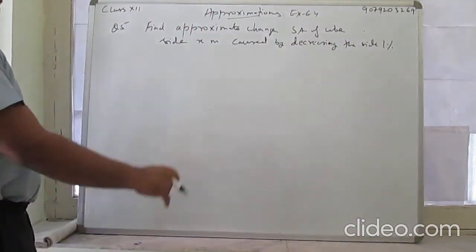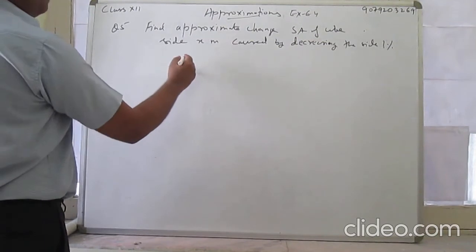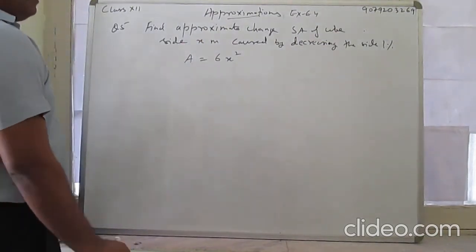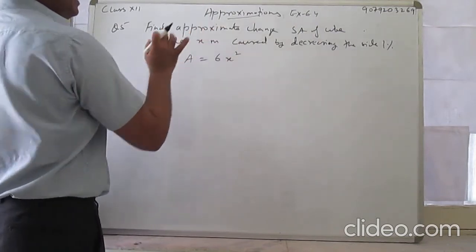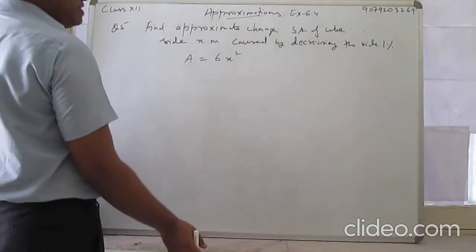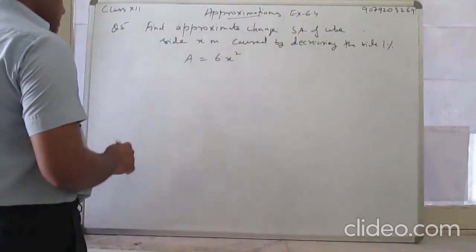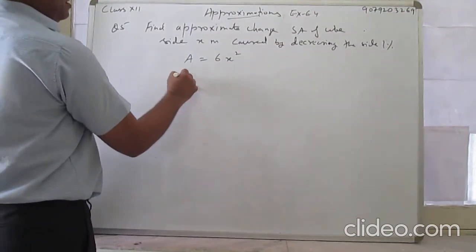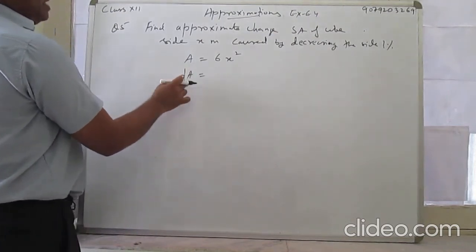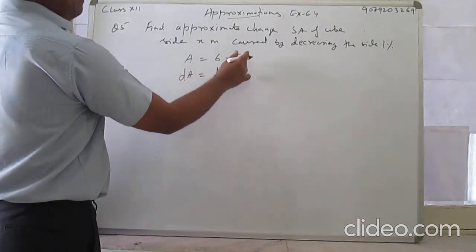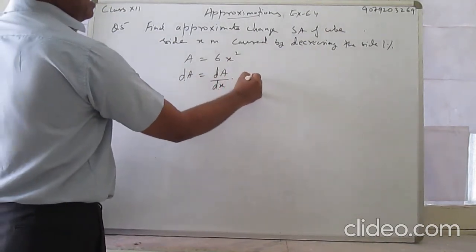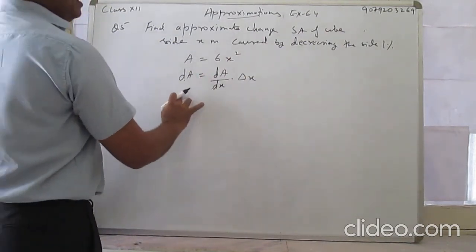Now, what is the surface area of a cube? A is equal to 6 into side squared. You have to find the approximate change in surface area, that is dA. So dA is dA by dx into delta x. This is the approximate change.